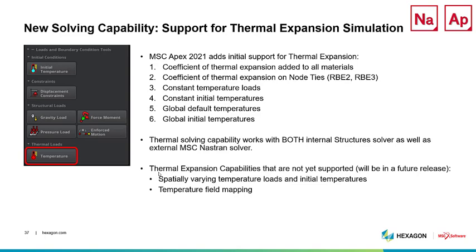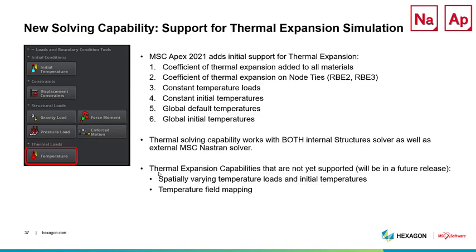Not only can you create a thermal expansion analysis and run externally in Nastran, but if you had a Nastran deck that had a thermal analysis in it, Apex has the ability to import that, recognize it and manipulate it. You can change loads and fields and initial temperatures, everything that you would want to change. Apex supports that now. This is very robust.